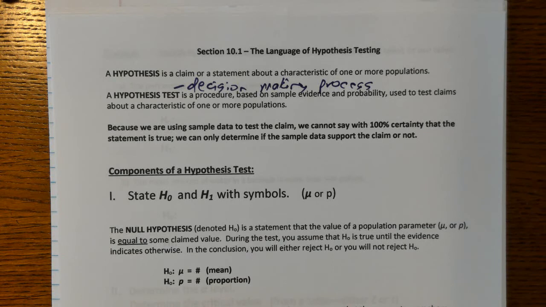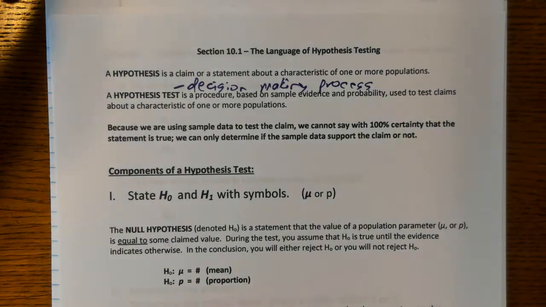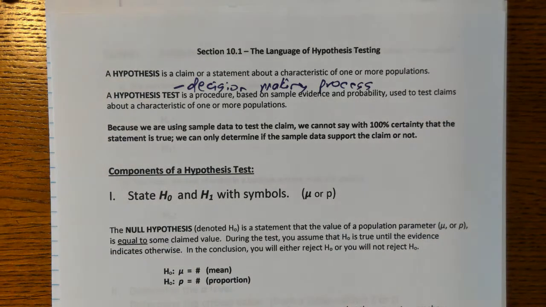Now, obviously, in a stats class, the decision that you're going to be making is probably not what to eat for dinner or what shirt to wear. It's going to be, are we going to believe that the mean really is whatever number for the scenario? Or are we going to believe that this proportion of people do whatever the activity is? So that's the decision that we're trying to make, whether we believe that or not, okay?